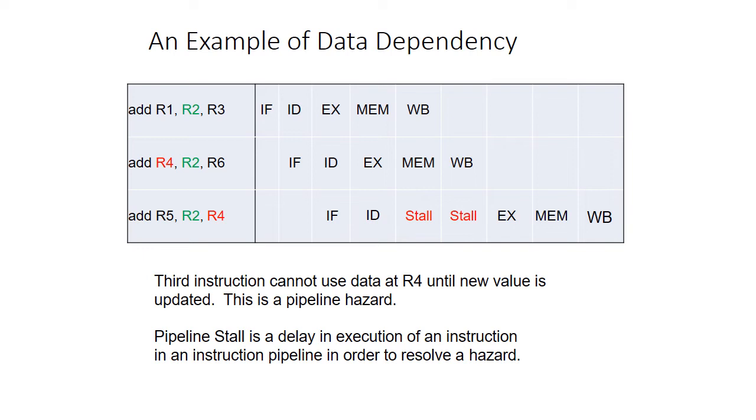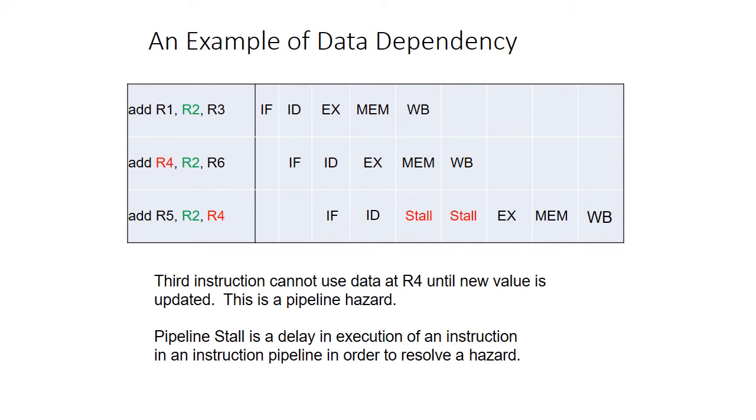But here there is another register R4, and there is a dependency of instruction 3 on instruction 2, because instruction 3 cannot execute before the write of instruction 2 for the register R4.